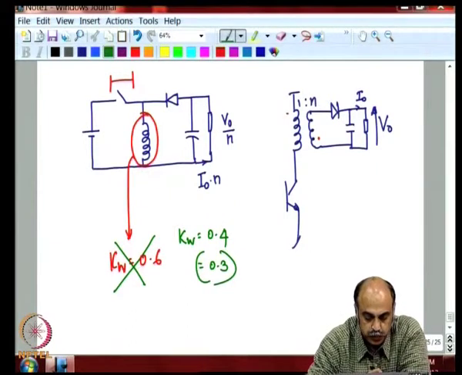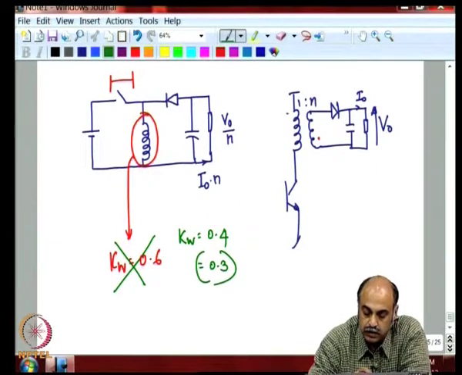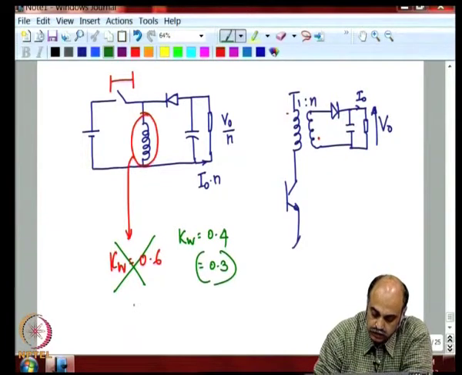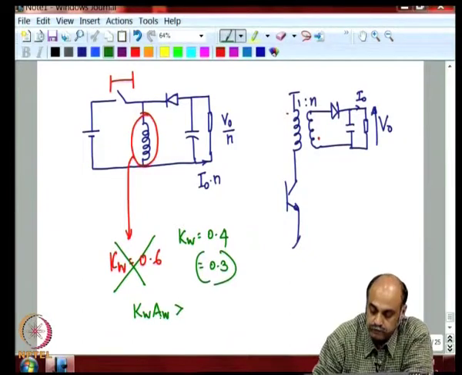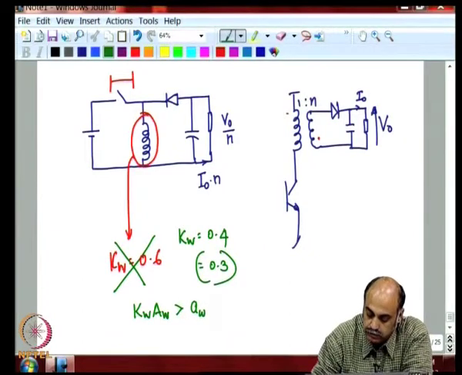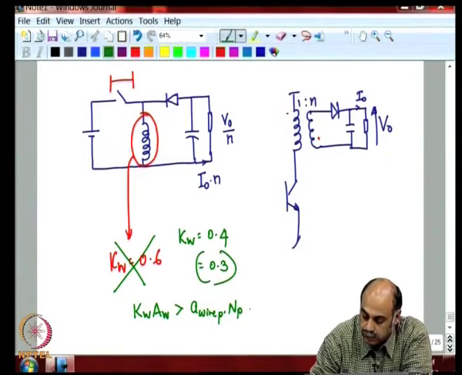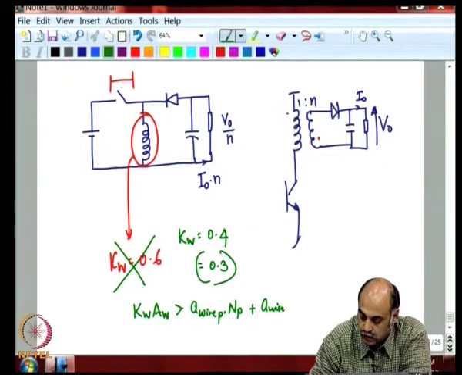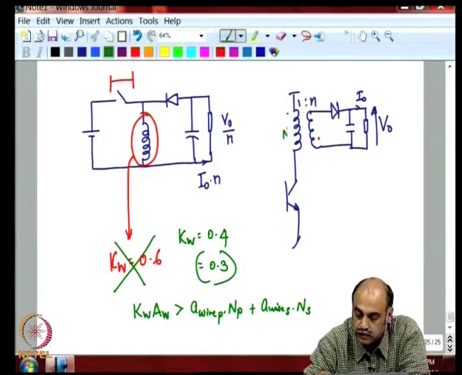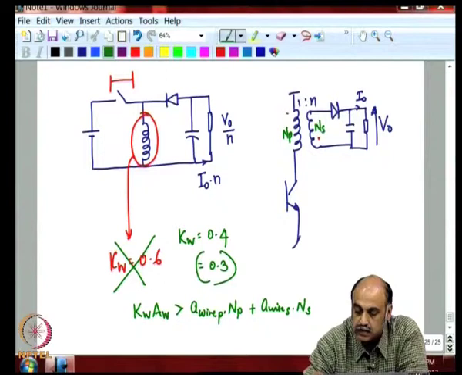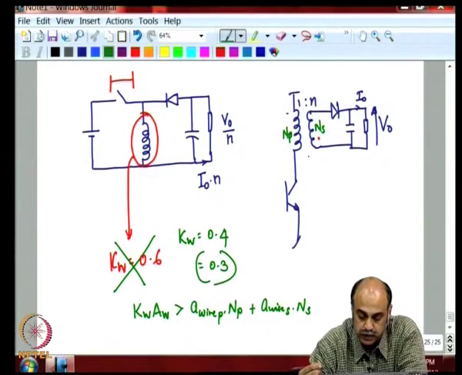That is one change that you would do, and then when you do the cross check, Kw should be greater than not just only the primary winding, a wire of the primary into Np plus a wire of the secondary into Ns. This is Np. If this is Ns, that would come into the picture there.